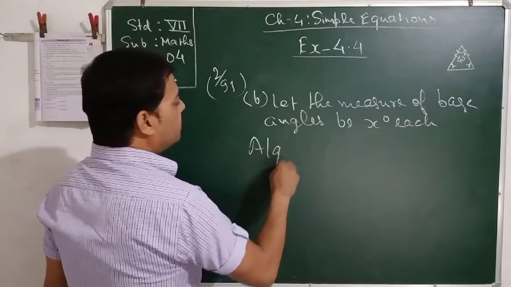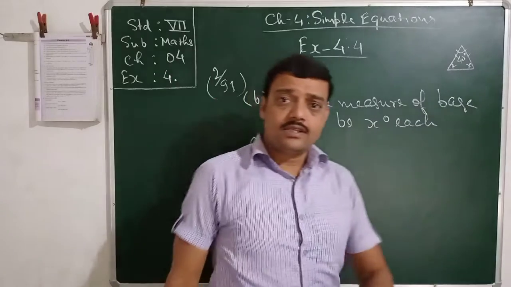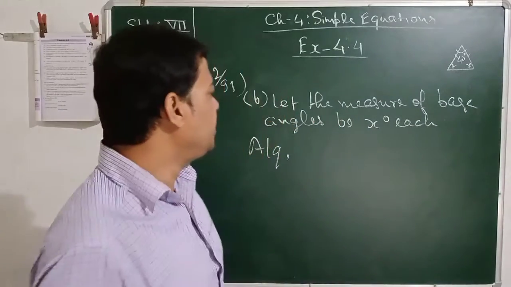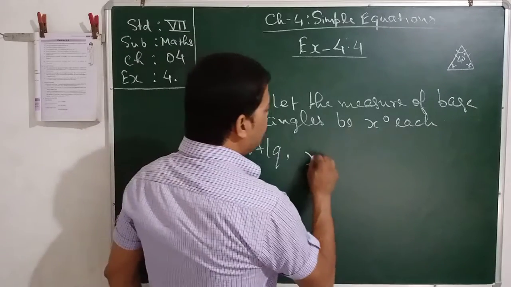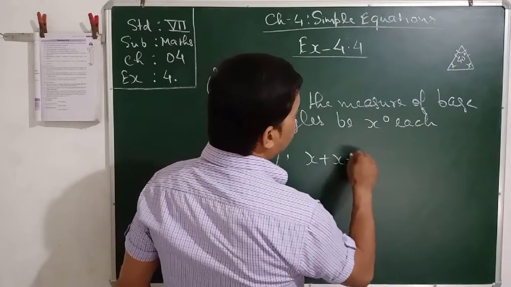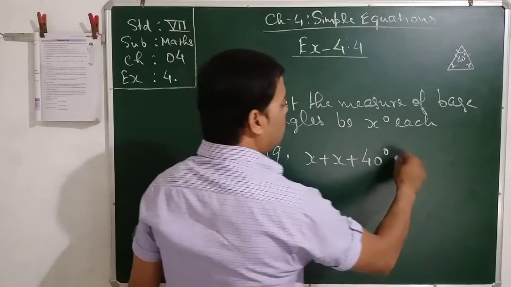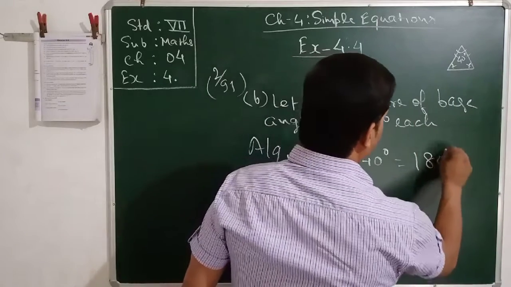According to the question, we know very well that the sum of all the angles of a triangle is always 180 degrees. So we can write here x plus x plus 40 degrees, the vertex angle, equals 180 degrees.